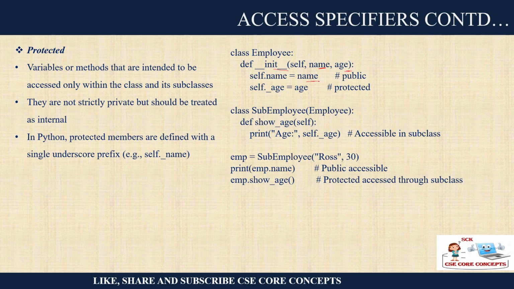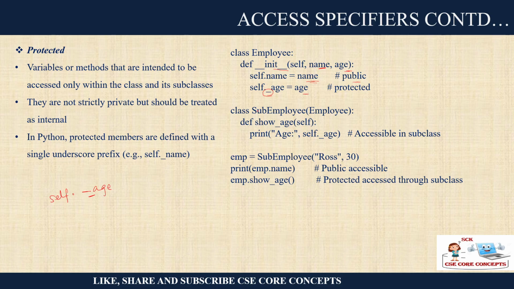Name is something you want to keep public, so you have not mentioned anything before the name, but age is something you want to keep protected. To define it as a protected variable, you use the underscore symbol, so underscore and the variable name, self dot age, will show that this is a protected variable.